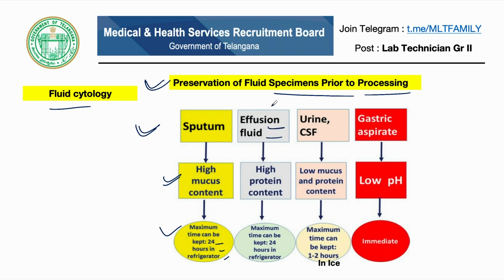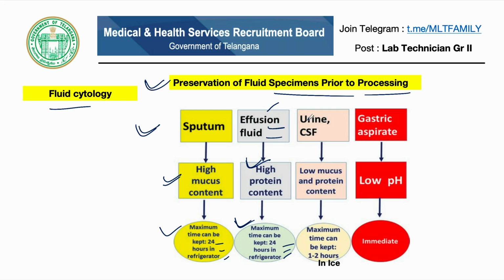Effusion fluids: what is effusion? Effusion is fluid in the visceral cavities, like fluid accumulated in lung cavities or peritoneal cavities. It has high protein content. Maximum 24 hours in the refrigerator is recommended before processing.